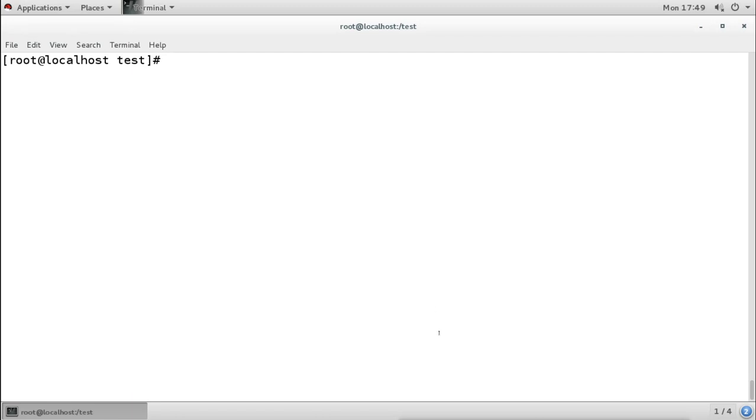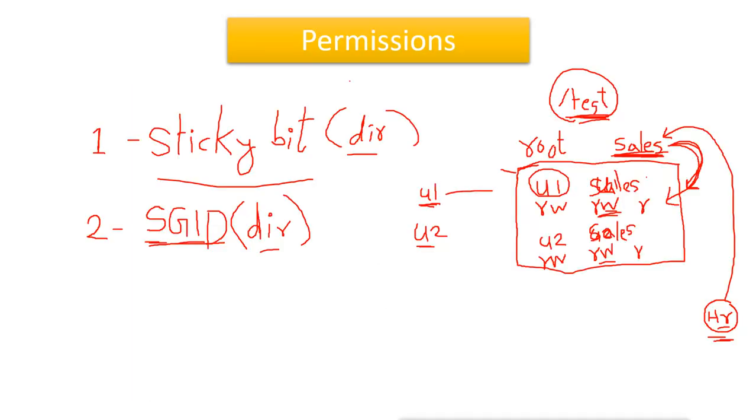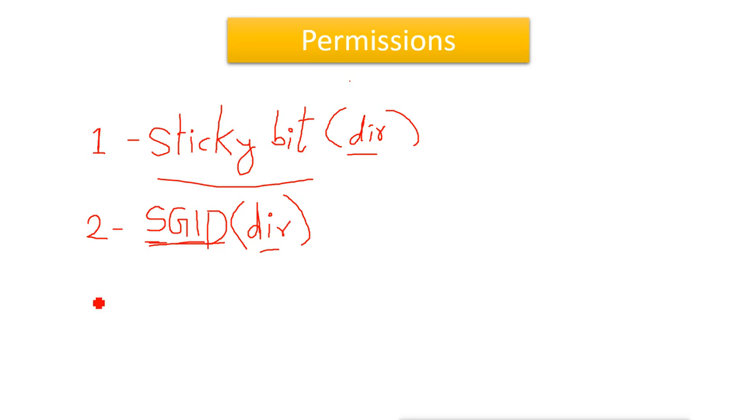Now the third bit, and that bit's value is 4. So instead of giving 1 or 2, we can give 4. Now when we give 4, what happens? With 4, that means SUID.